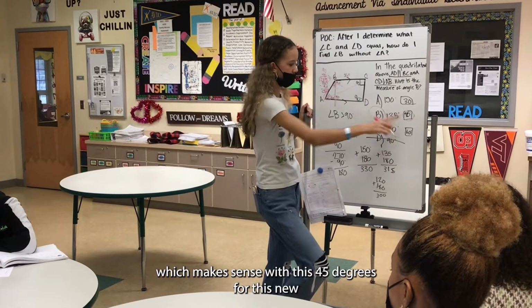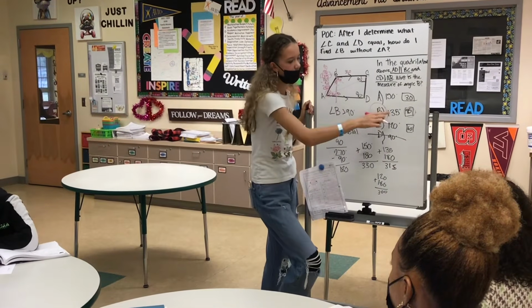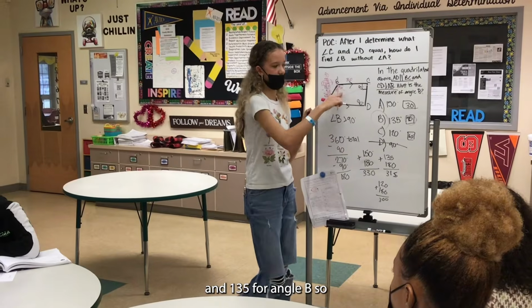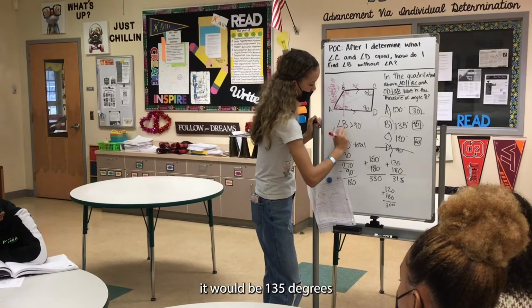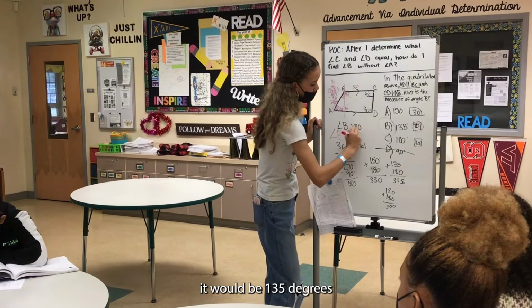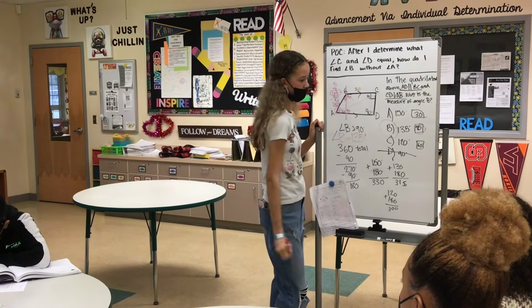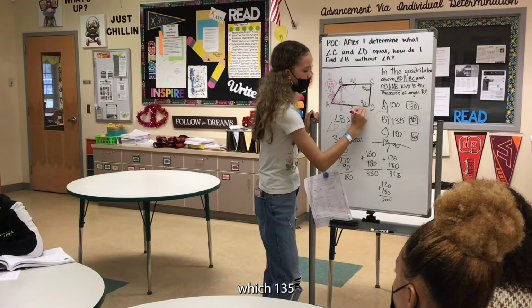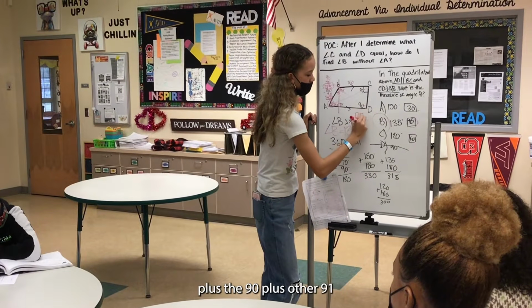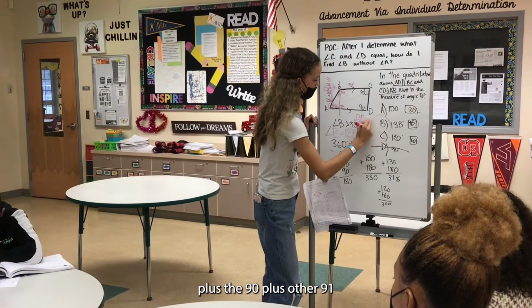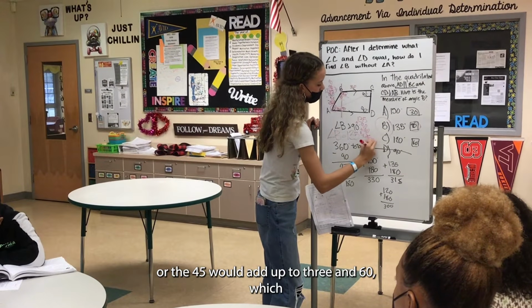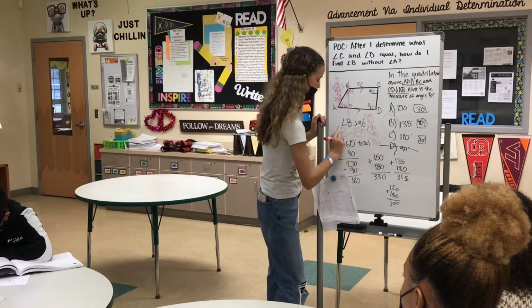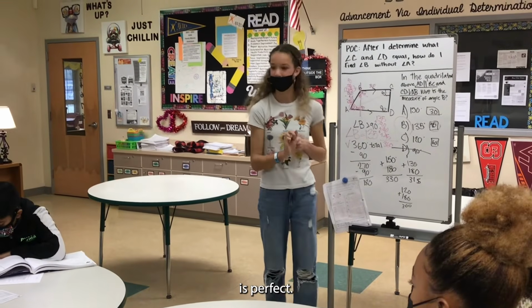That makes sense because 45 degrees for this angle and 135 for angle B. So angle B is 135 degrees, and 135 plus the 90 plus the other 90 plus the 45 would add up to 360, which follows this rule.